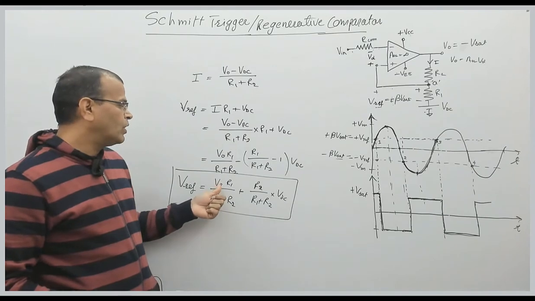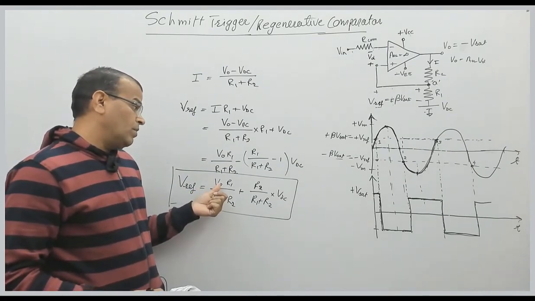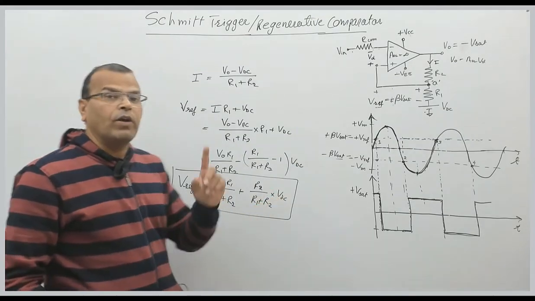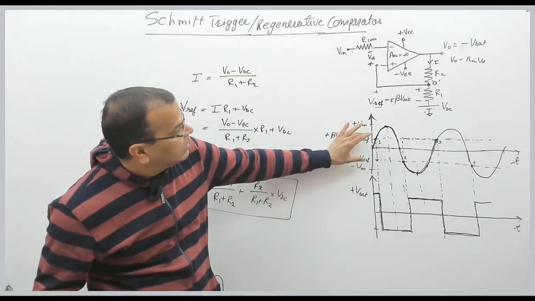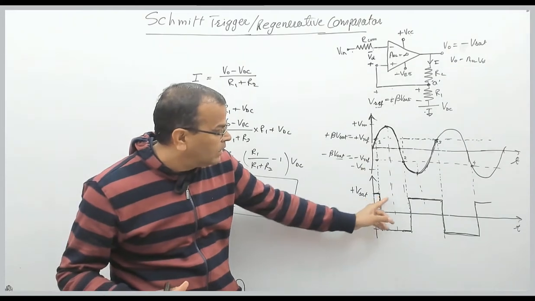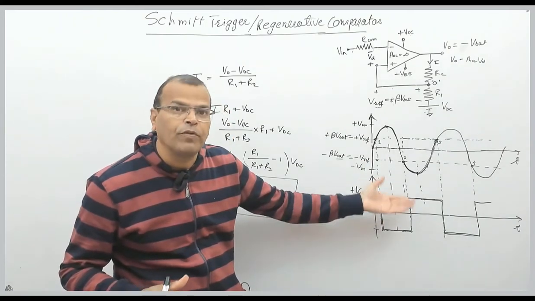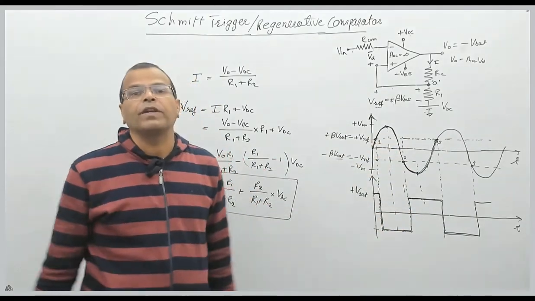So when V0 is plus Vset, the reference voltage will be positive, and when V0 is minus Vset, the reference may be positive or negative depending on the value of VDC. I hope the concept is clear. So accordingly, these references will change. Accordingly, the instant of changing of output voltage from minus Vset to plus Vset or from plus Vset to minus Vset will change with variation in the reference voltages.